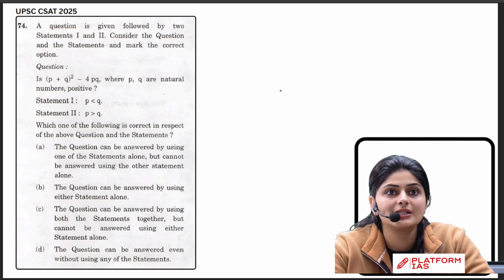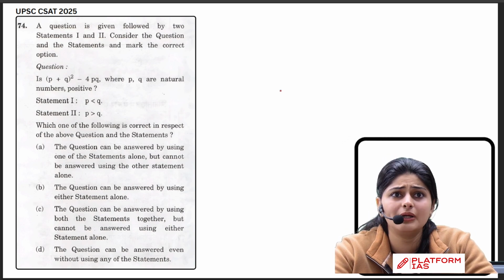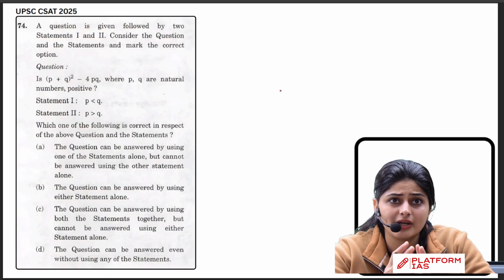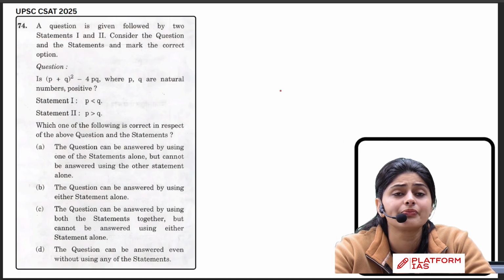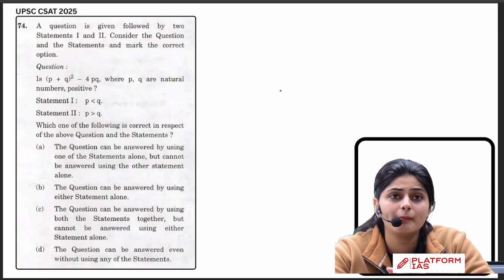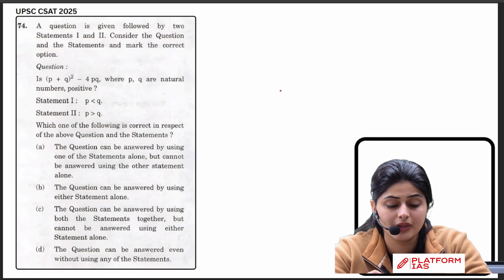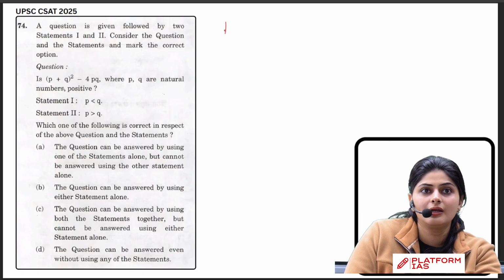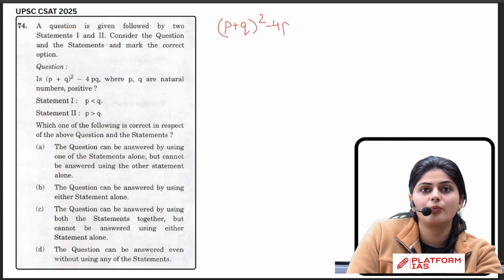Let's read the question. Similar pattern: a question is given to me, two statements are given, and we need to find the correct option. Is (p plus q) whole square minus 4pq, where p, q are natural numbers, positive? Now if you look carefully, (p plus q) whole square minus 4pq.